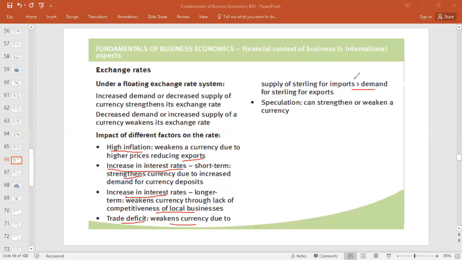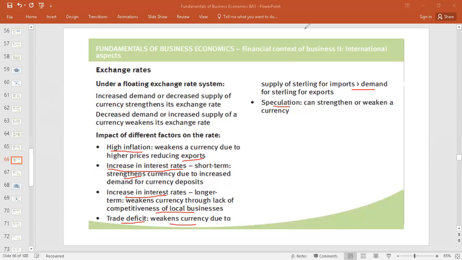For imports, the currency, sterling, is paid, and then when they export, they receive the foreign currency. So what they are paying is more than what they are receiving. When the imports exceed the demand, there is a deficit, and that deficit weakens the local currency. Speculation can strengthen or weaken a currency.